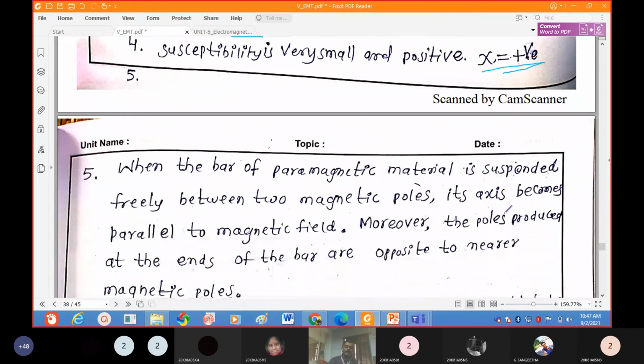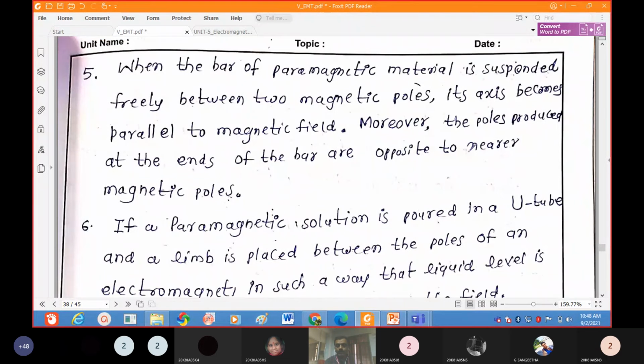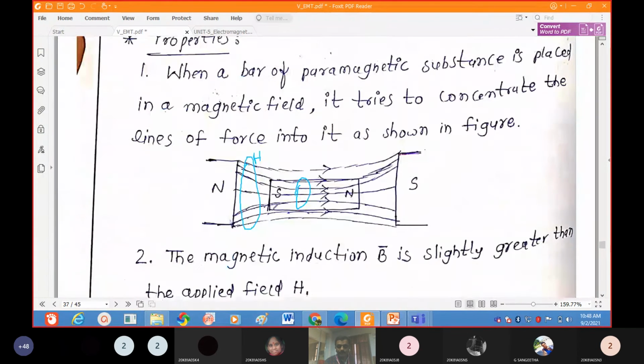Now, when a bar magnet of paramagnetic substance is freely suspended between the magnetic poles, what happens? Its axis becomes parallel to the magnetic field. See here, this is the bar magnet, suspended inside the magnetic field.